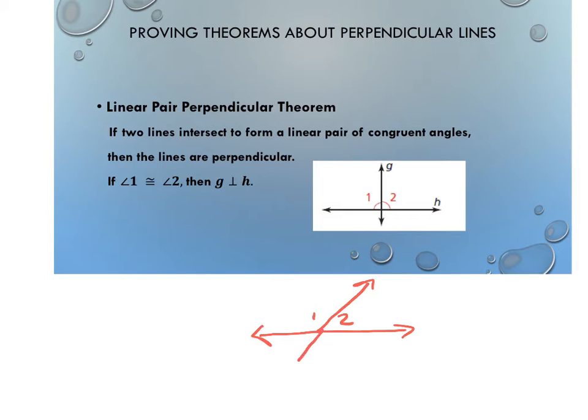Maybe let me make it a line. So this would be like 110, and this could be 70. These would not be congruent angles, so this line G is not perpendicular. In order for it to be perpendicular, angle 1 and angle 2 have to be the same, and they would both be 90.